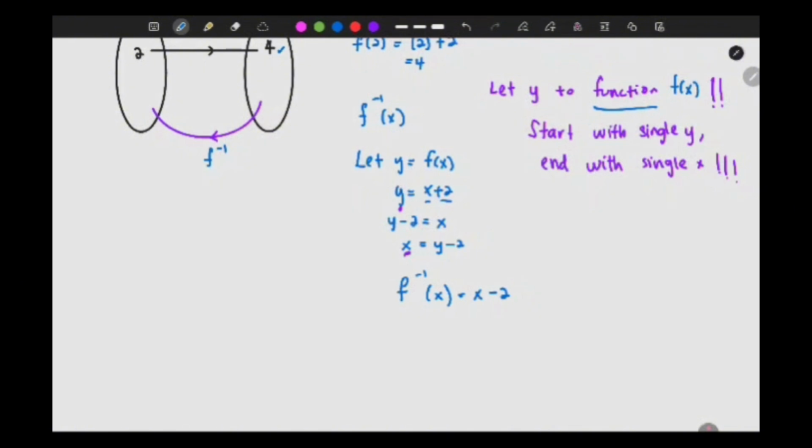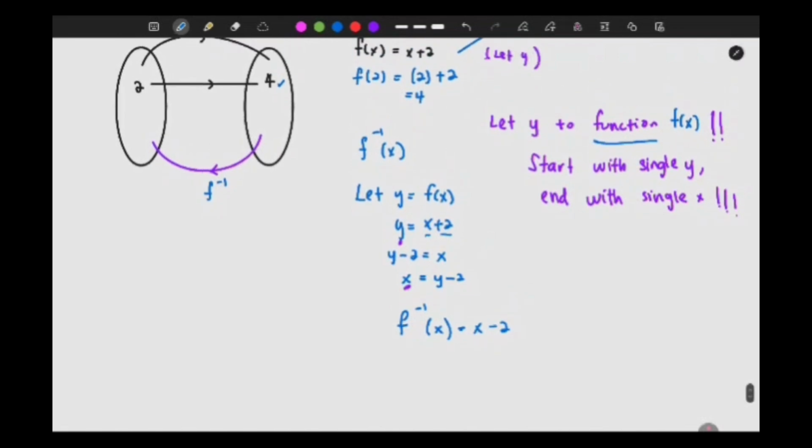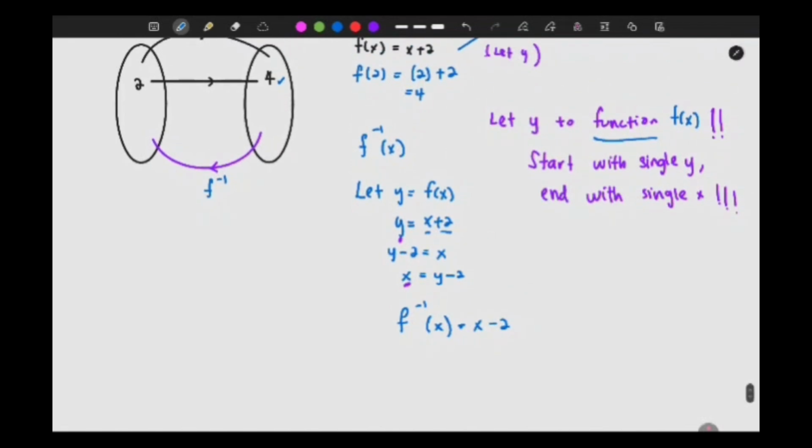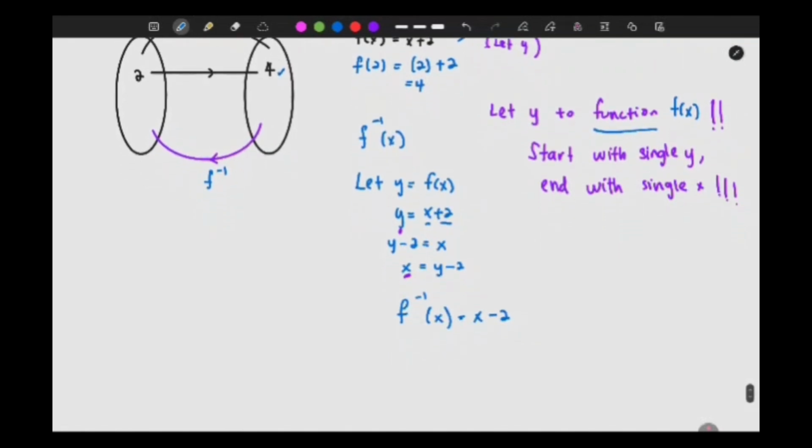The x here represents the image inside the bracket, but according to the first subtopic that we learned, for the normal fx, I told you the x represents the object and the fx represents the image, remember? But the x inside the bracket is the object, because the x is the object and the entire fx is the image.